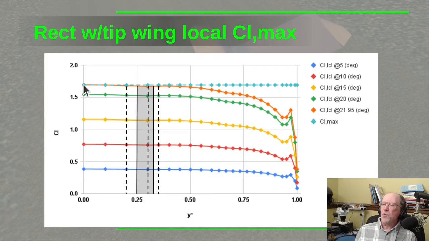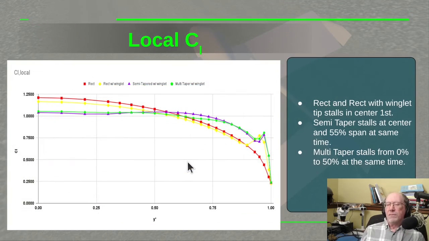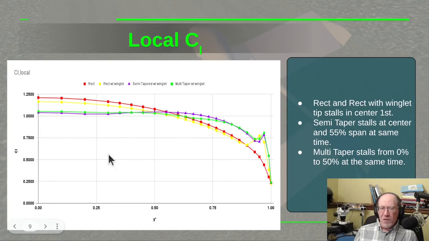And that is right here. So that is at 20, really close to 22 degrees angle of attack. And as you can see, where this CL max is for the airfoil, it's pretty close to 1.7. So where are these various 4 wings going to hit that maximum coefficient of lift first?